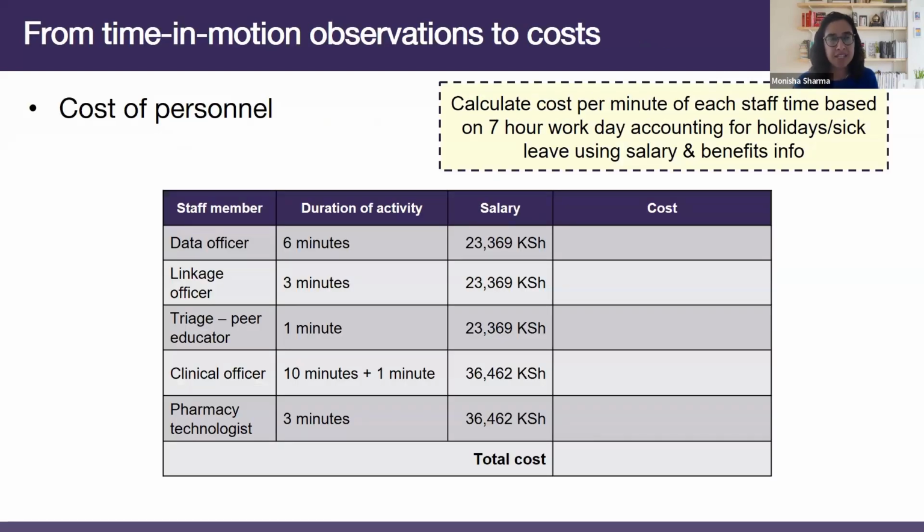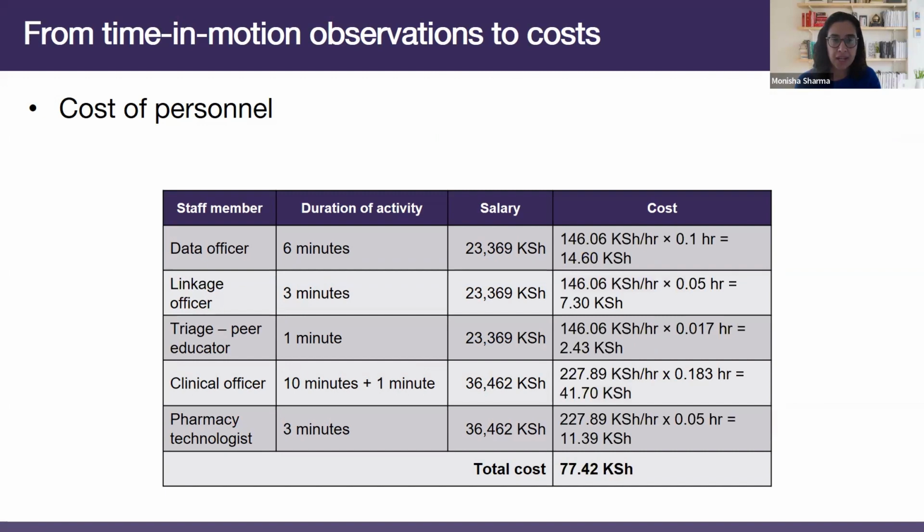So from the time and motion observations, we can calculate the costs by calculating the cost per minute of each staff based on a 7-hour workday, accounting for holidays and sick leave, and then their salary and their benefit information. So this is in Kenyan shillings, but these are different staff members that are spending time on this intervention, and the duration of time that they're spending and their salary.